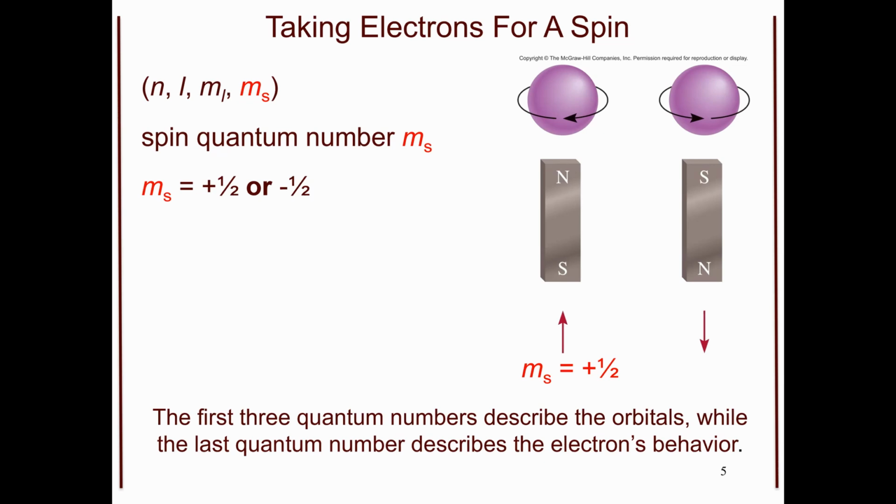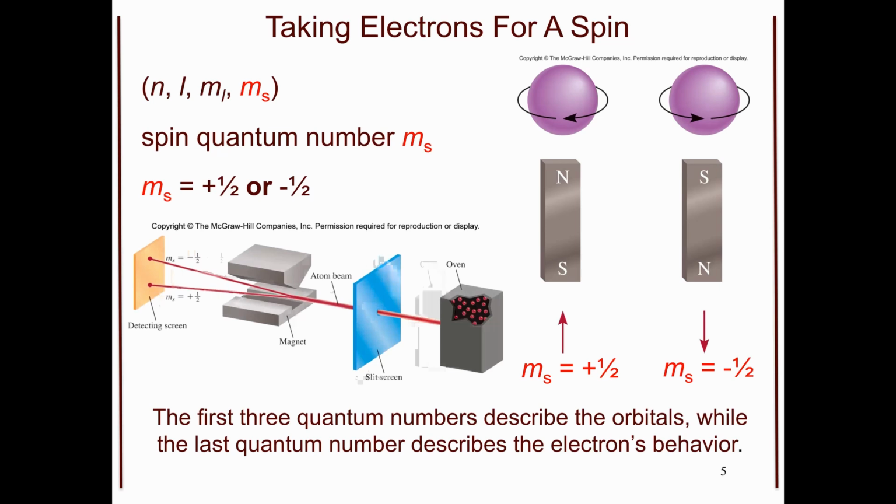So notice that I have my +1/2 clockwise spinning electron, and there is its counterpart. How this was done is that we were able to take an oven, heat up particles, and shoot them through a magnet using an atom beam, and all of a sudden, even though electrons were all negatively charged, we were able to split them based off of their magnetic properties, not their electronic properties.